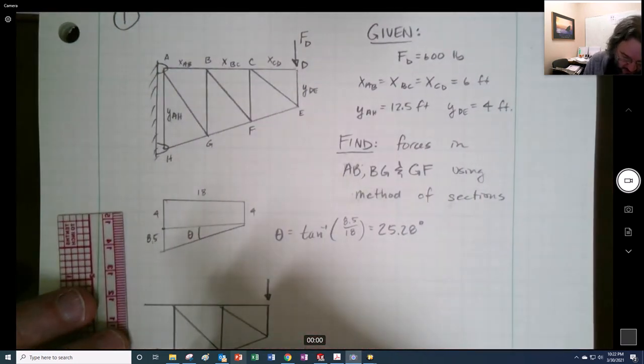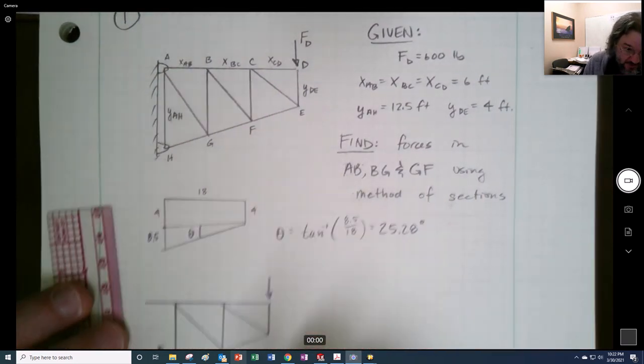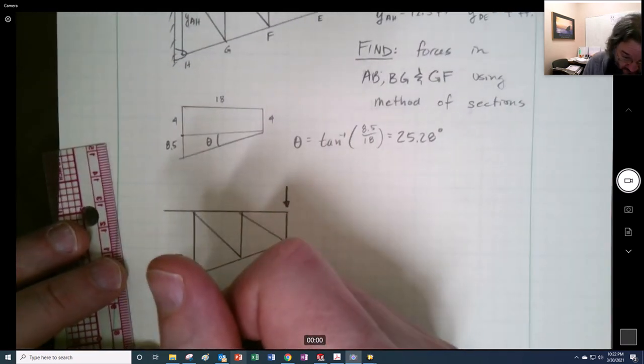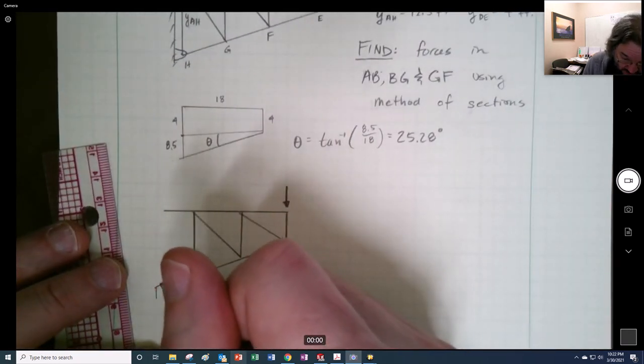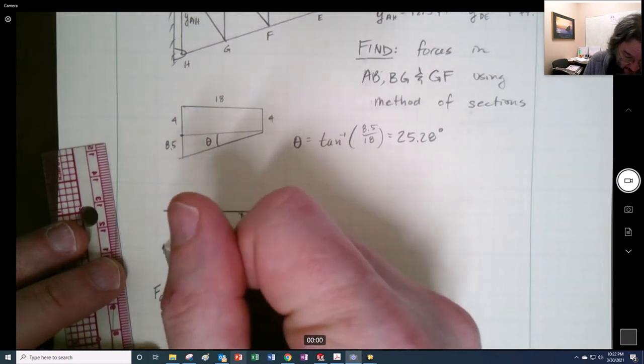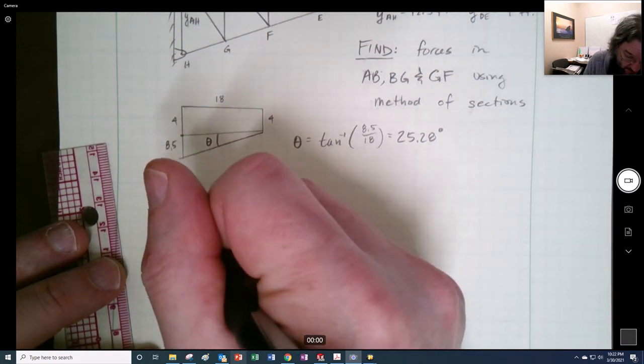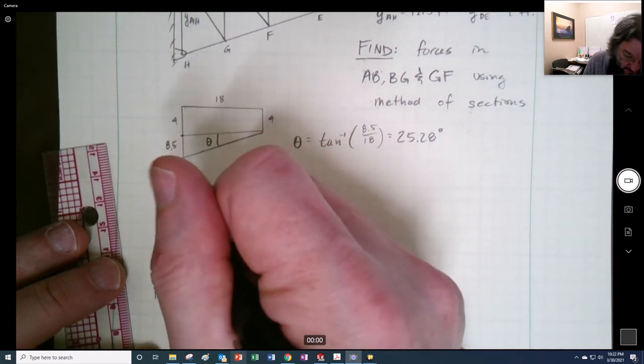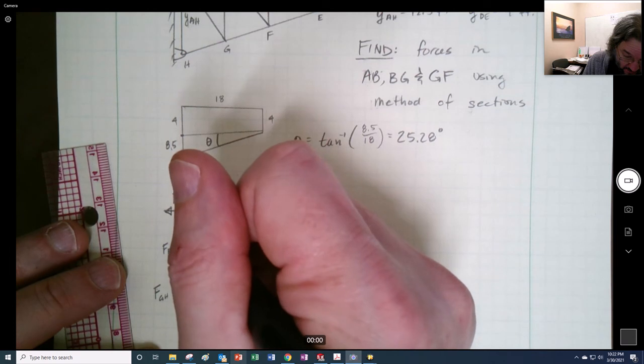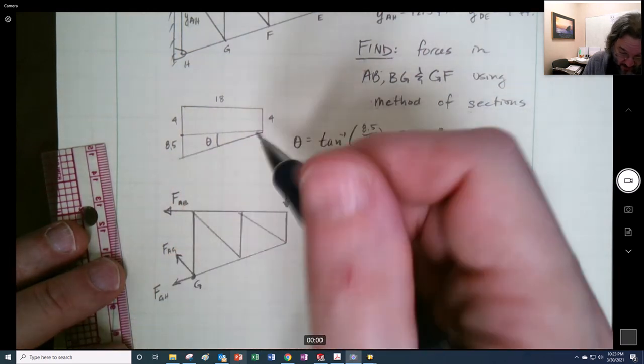Okay, and so I'm going to take some of the moments about G, and so this is going to be my F GH, and this is going to be my F AG, although I don't care, and then this is going to be my F AB, and that's the one that I want to get.